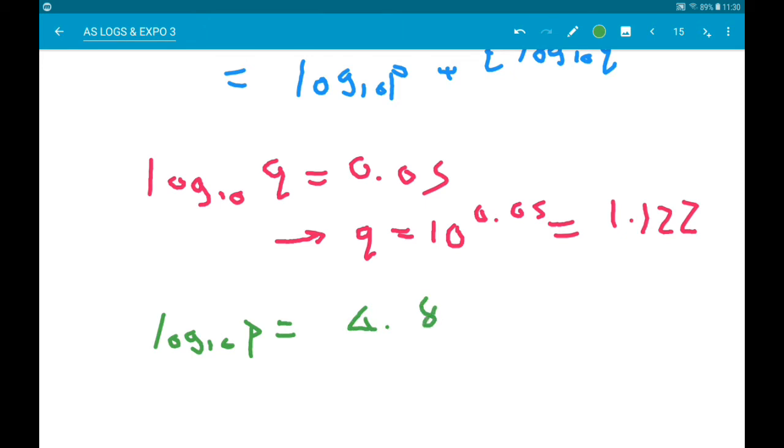That tells us P is 10 to the 4.8. Now that to 4 sig figs gives us 63,100.